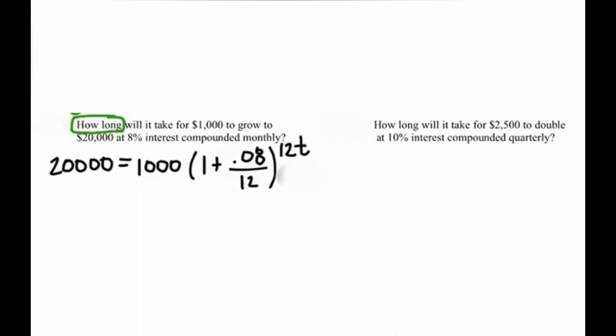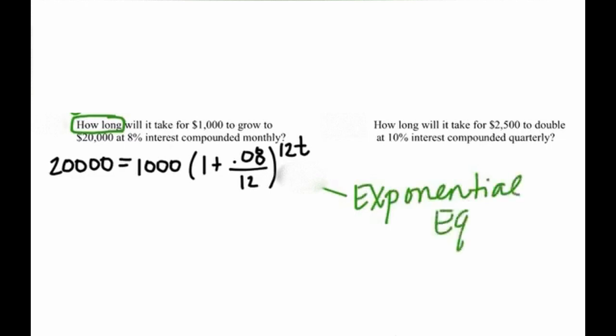So now you have to look at what kind of equation you have to solve here. And this is an exponential equation. So we have to think, okay, how did we solve exponential equations? Well, the first step is always to isolate the exponential quantity. And our exponential quantity is the 1 plus 0.08 divided by 12.